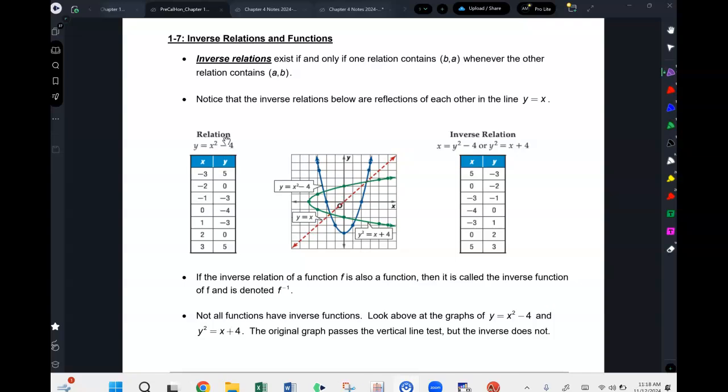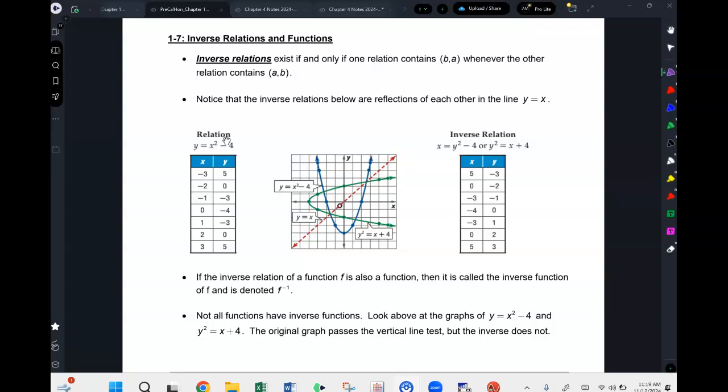Okay, so all right, let's talk about inverses. An inverse relation is basically one where for every coordinate (a, b), there is another (b, a).